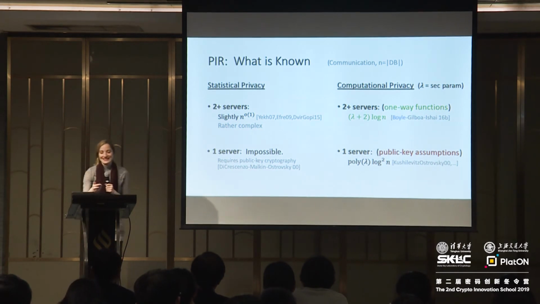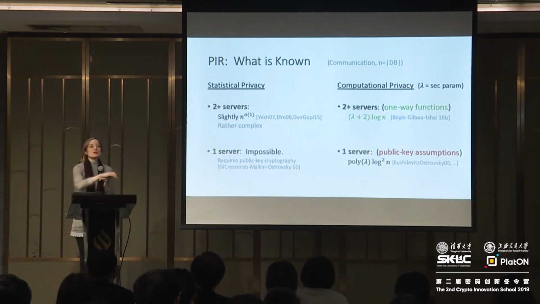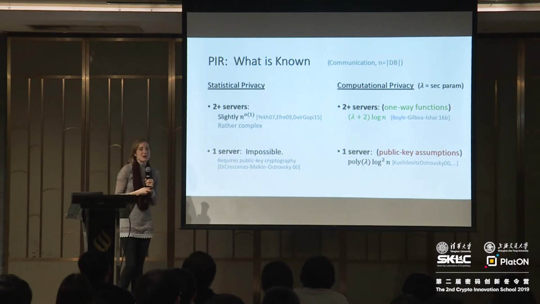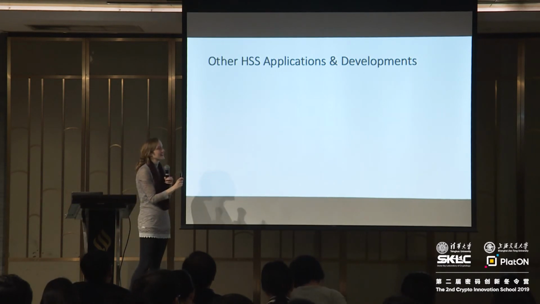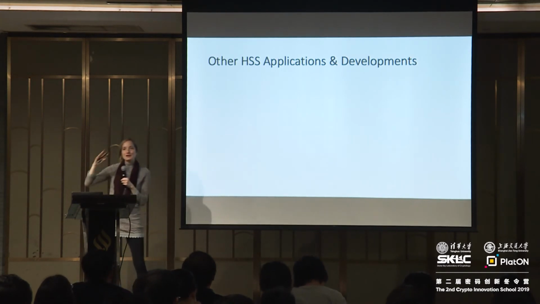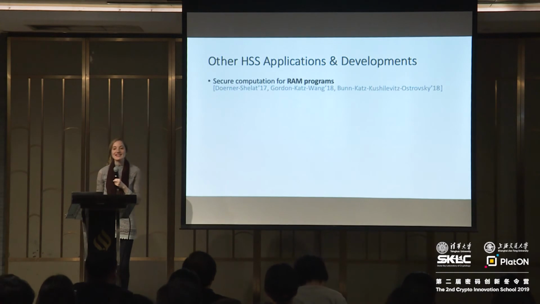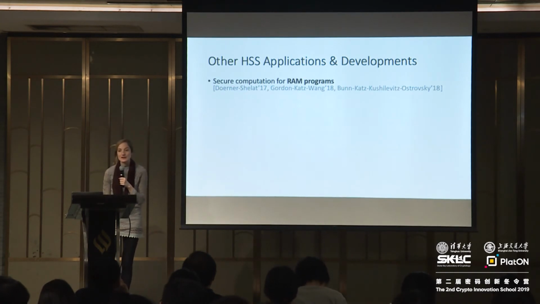All right. So, good. This closes up what I wanted to say about private information retrieval. Let me close up this application section of the talk, just by giving you a little bit of a flavor here and there of some other things that are going on with applications of homomorphic secret sharing.